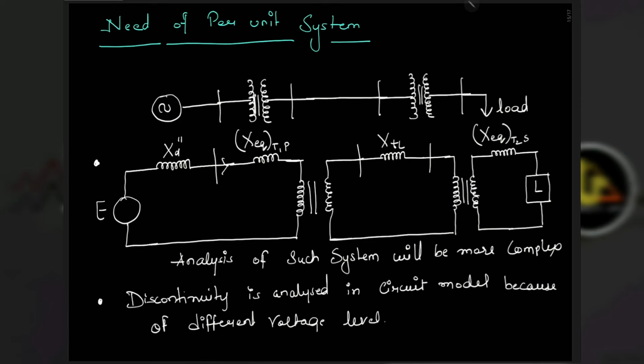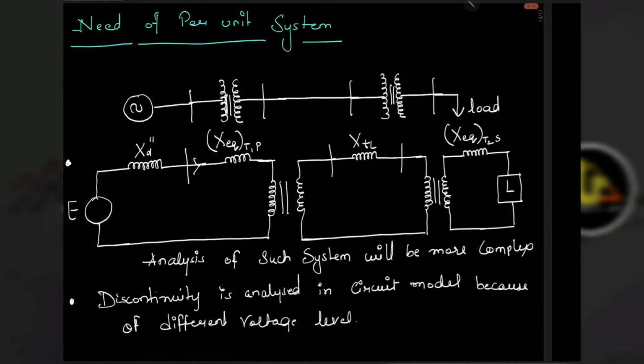So this will make your system more and more complex if it is not represented in per unit values. So we need a per unit system to make our system easy to analyze. Okay, so what are the advantages of the per unit system?